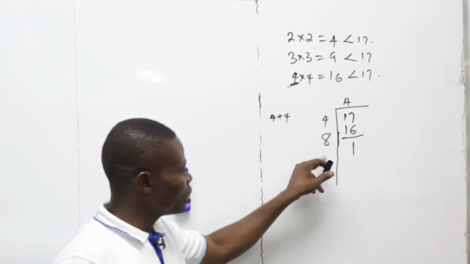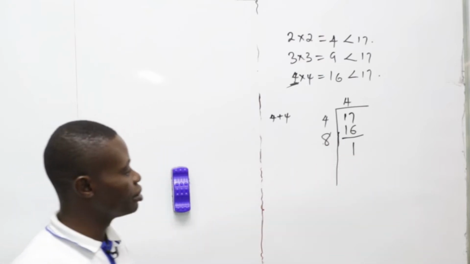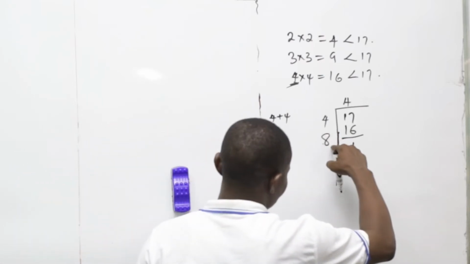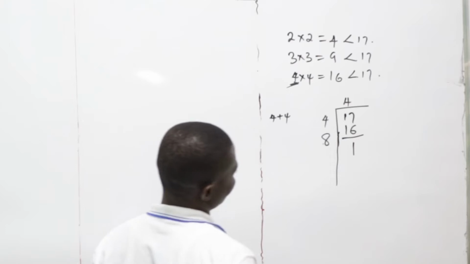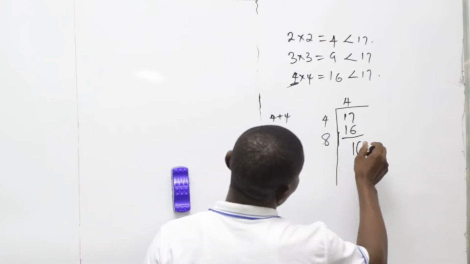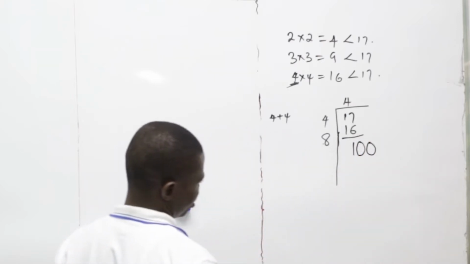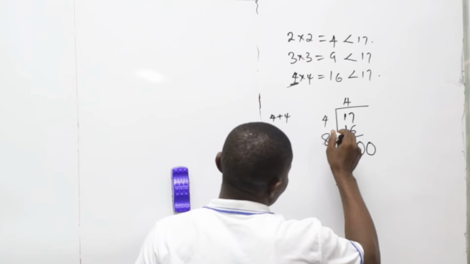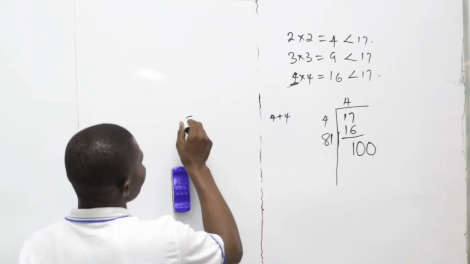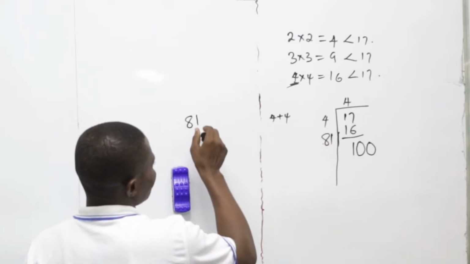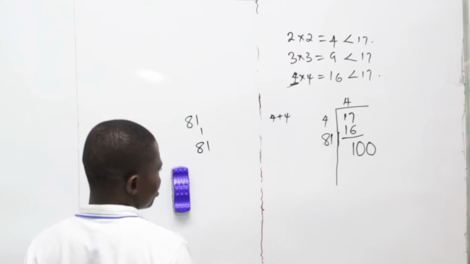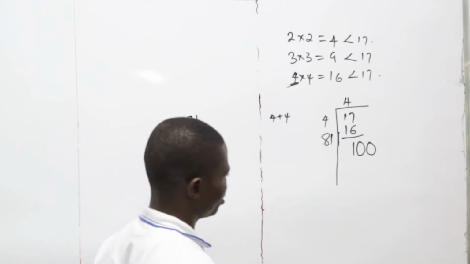Look at it very well. 8 is bigger than 1. And a number must be attached to this 8 to get the next number. Meaning we must increase this to 100. If we increase, let us say 1 here, that is 81 times 1 will give us 81. It's not up to 100.